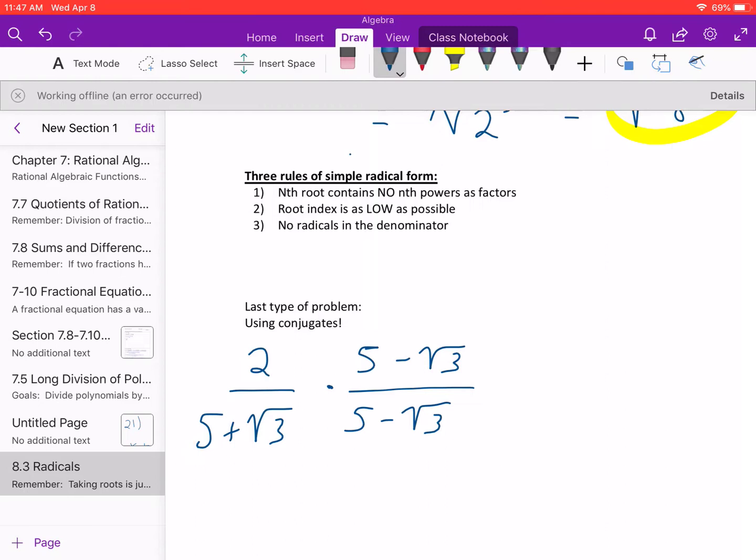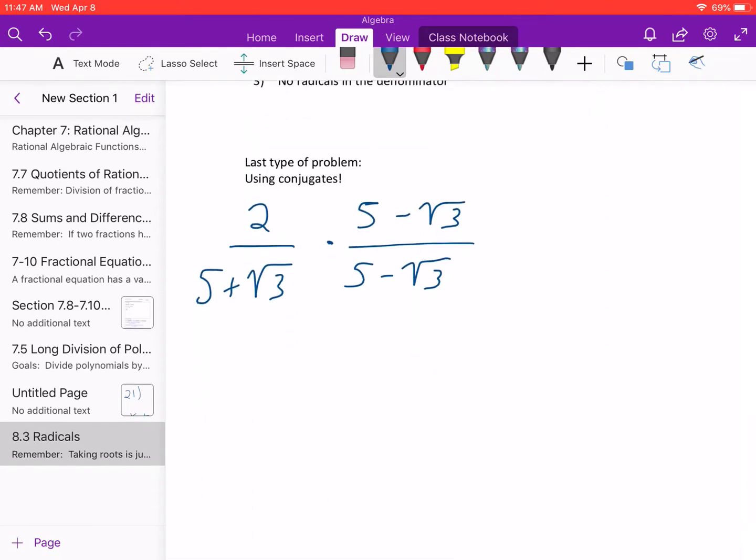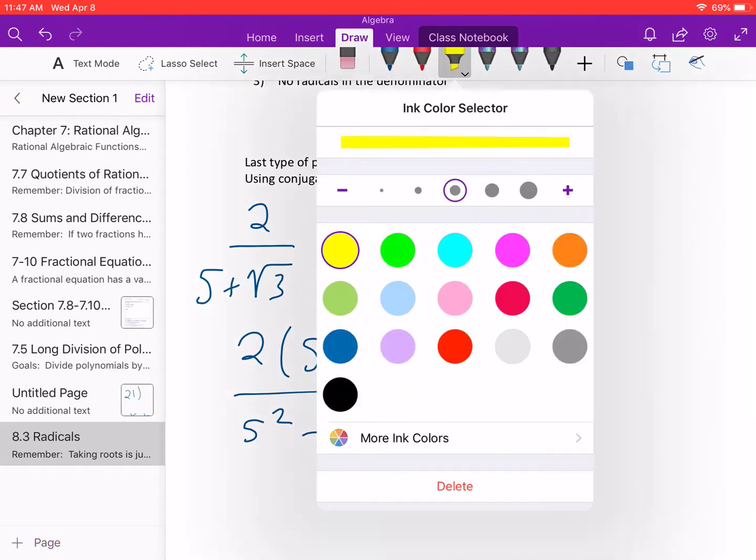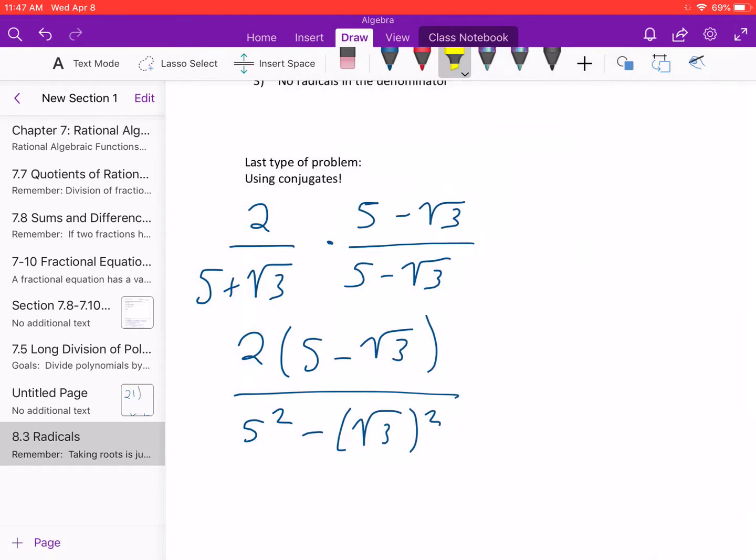And when we go ahead and multiply the conjugate binomials, we end up with 2 times 5 minus radical 3 all over 5 squared minus radical 3 squared. All I've done is multiply across. And so now, in the next step, I can go ahead and do some simple math.